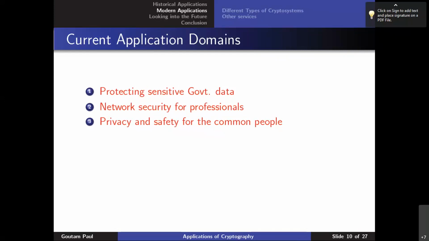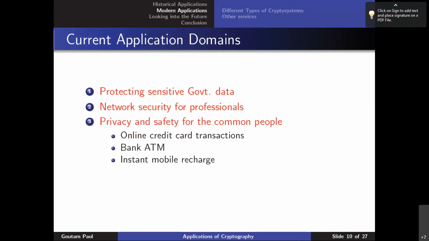Okay. Next. So examples I have given: online credit card, bank ATM, instant mobile recharge. So when you buy a prepaid coupon, that coupon has a certain code, and that code has to be provided in order to prove that you are a valid user. Okay.